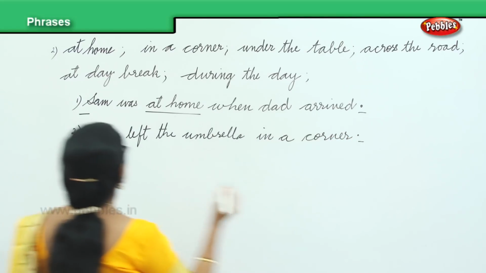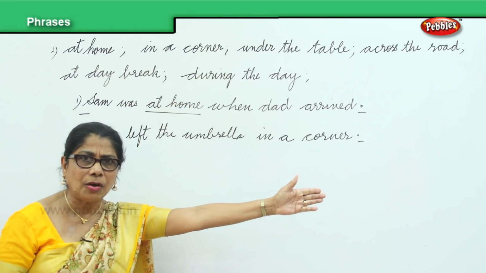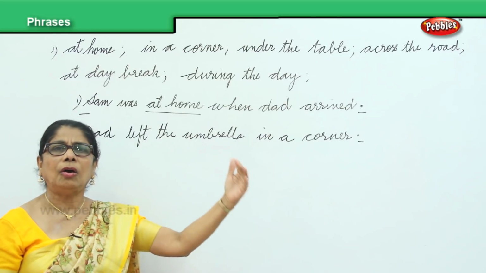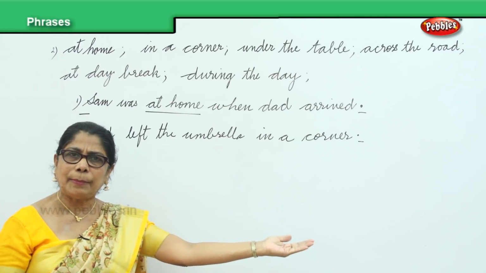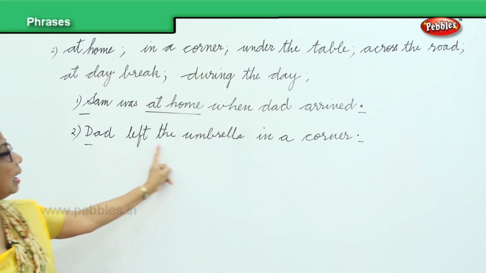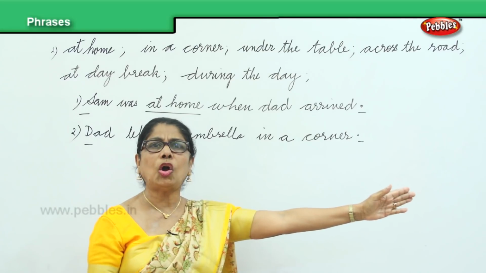So we use the full stop and capital letter. In a corner, it makes sense. In that corner, there's something there, or somebody is standing, or you kept a pile of books, anything. Here I said, in a corner. What is in a corner? Umbrella. Dad left the umbrella in a corner.